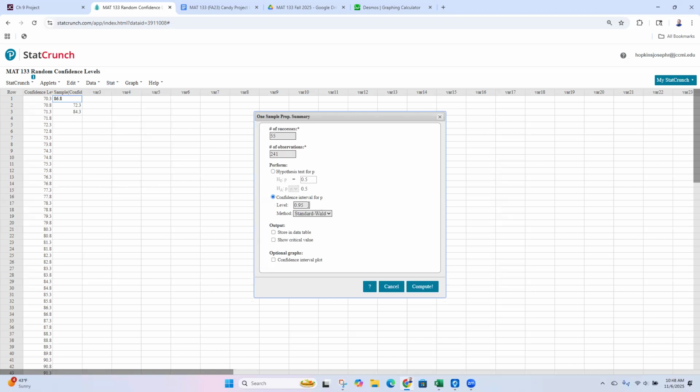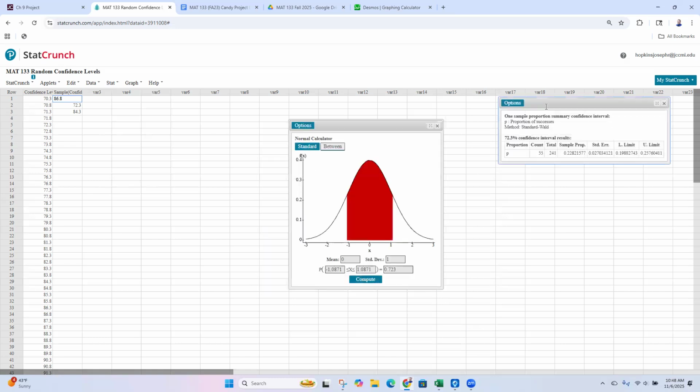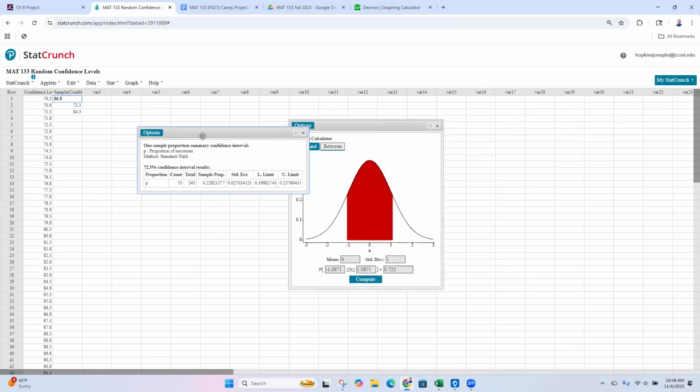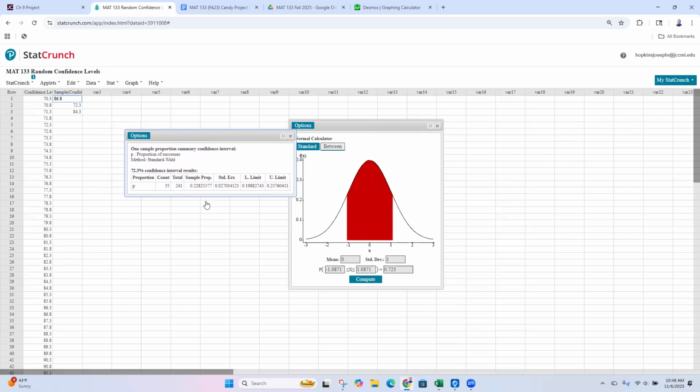Click the button for confidence level. Change this to 72% and compute. It gives me this. So my result here is my lower limit, which is 0.1988. My upper limit is 0.2576.